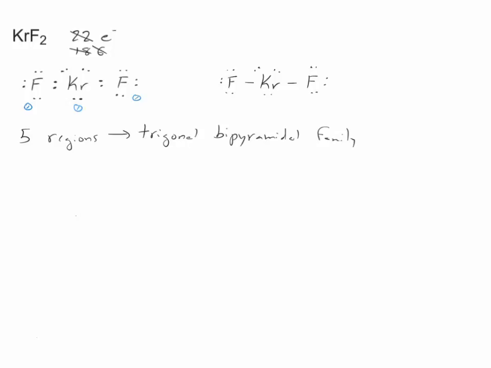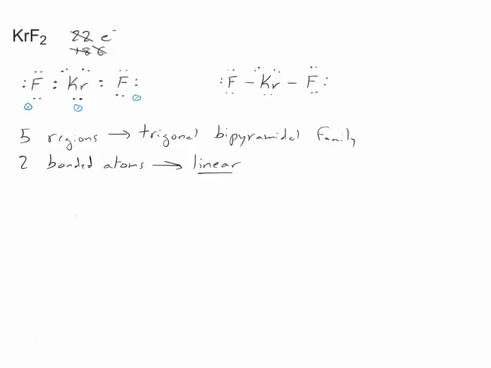How many atoms are bonded? 1, 2. 2 atoms are bonded. So, with 2 bonded atoms and 5 regions, what's my shape? If I look it up, my shape is linear.